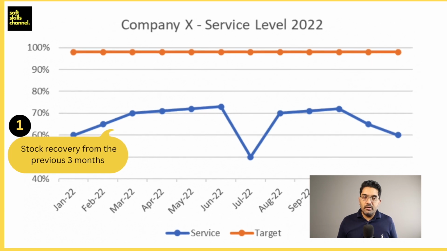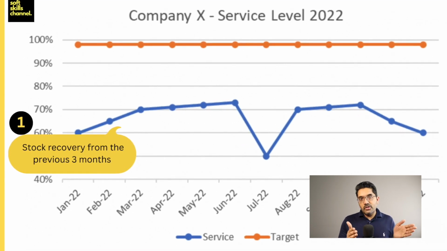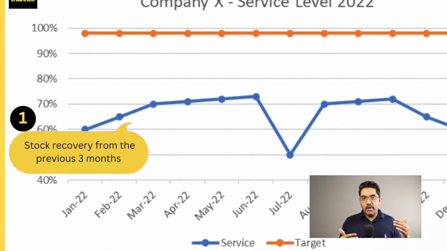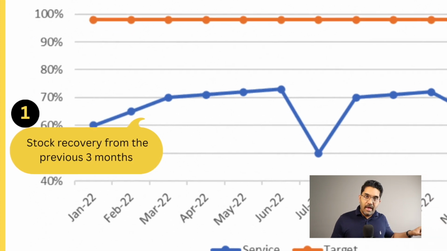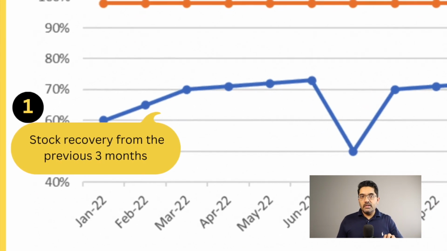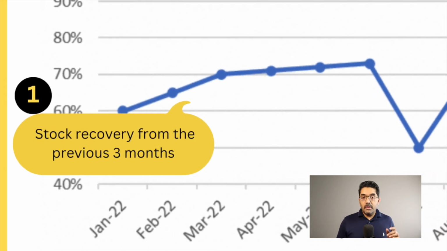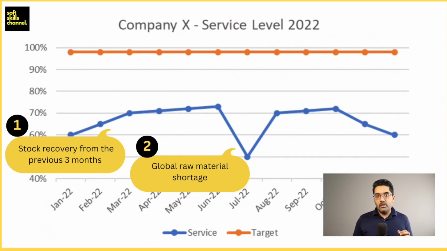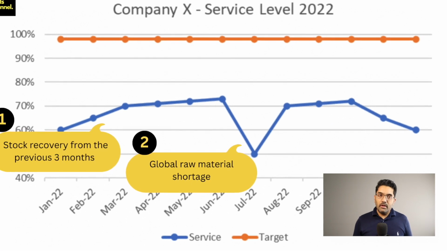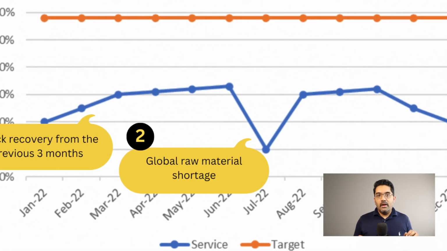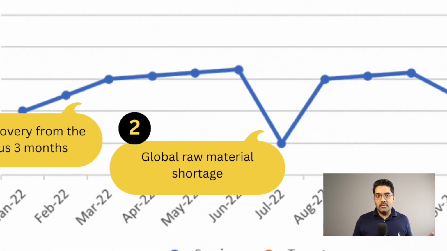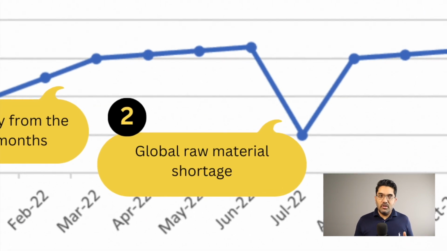So coming back to our example, what we found out after using all those tools on this data for service was the service in January, February, March improved because we were able to recover stocks after a very heavy October, November, December period where sales were significantly above the forecast. And the dip in July was resulting from a global shortage of one raw material which comes from Asia, and therefore all the different customers of that raw material suffered the consequences.